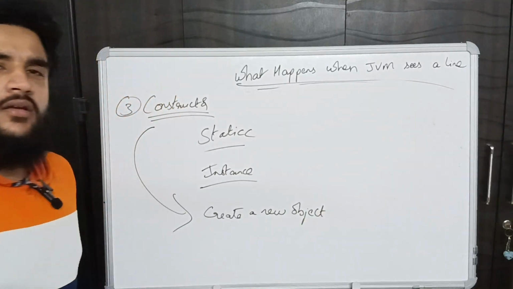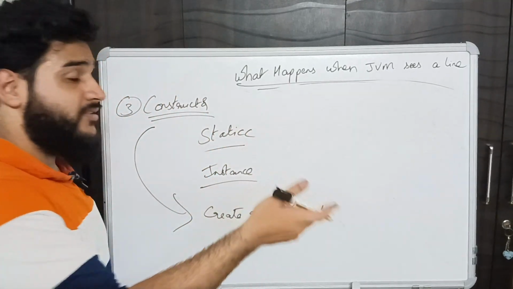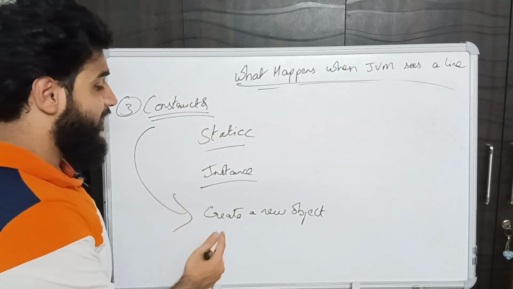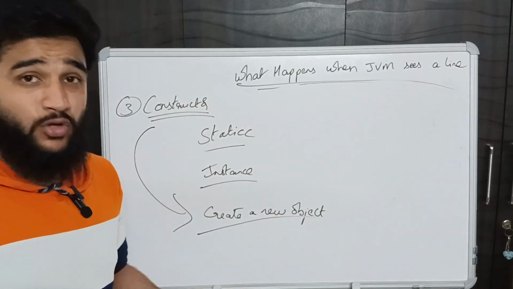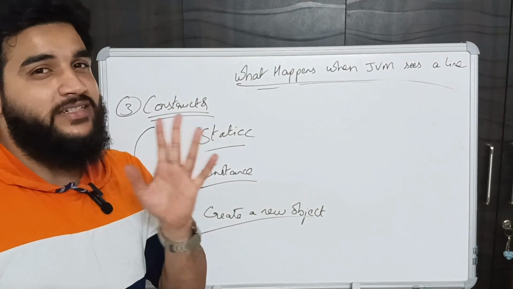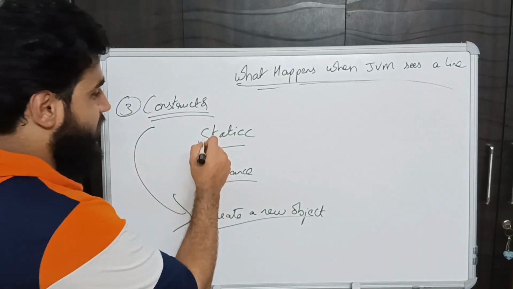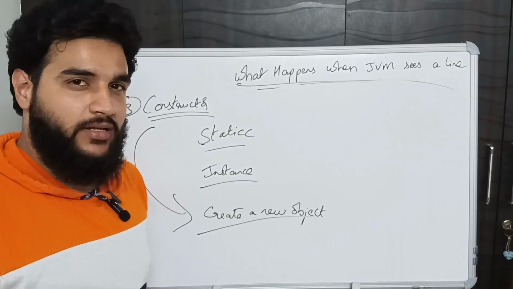But you might be thinking, why do we have to go through the static and instance code blocks? Why can't we directly create a new object? Well, as I told you, there are special types of code blocks. The static and instance code blocks have special features to them.